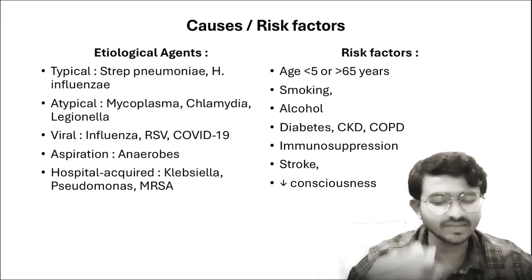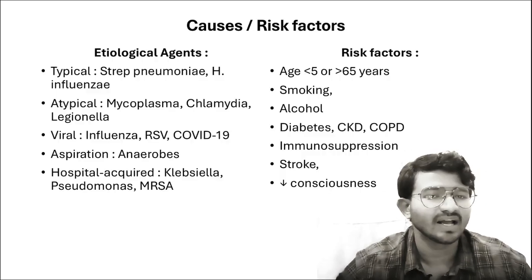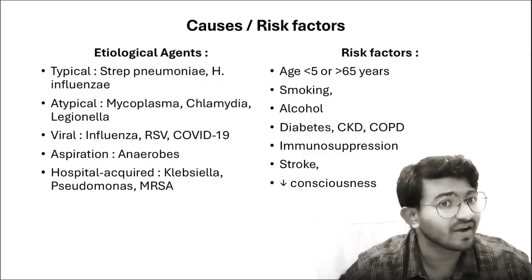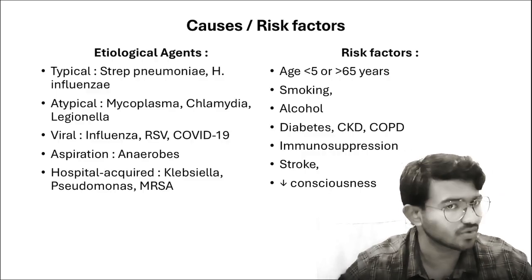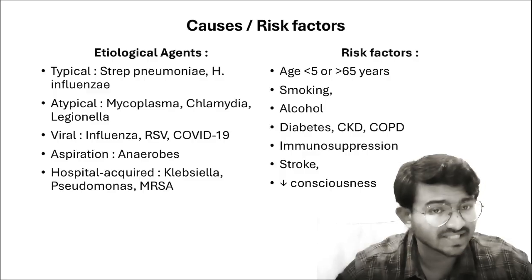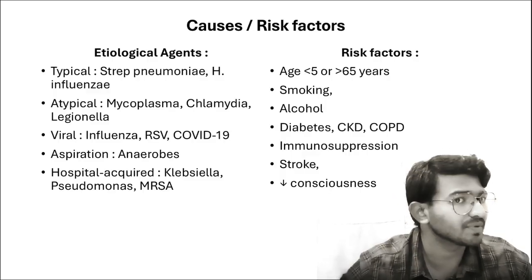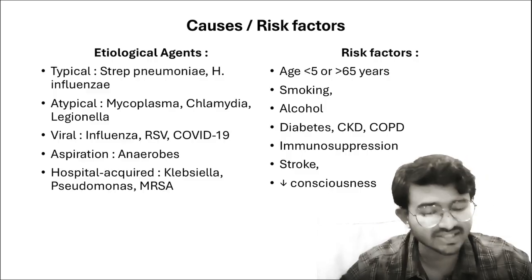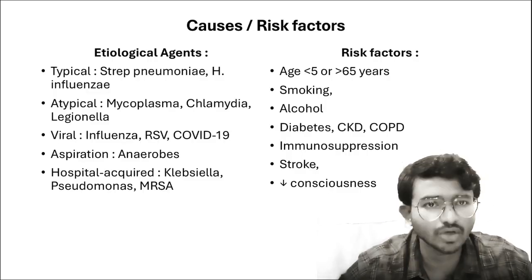In atypical, we can see interstitial pneumonia from mycoplasma, chlamydia, and legionella. In viral, we can see influenza, RSV, COVID-19. In aspiration, we can see anaerobes, and the most common is aspiration pneumonia in alcoholics. In hospital-acquired settings, we can see Klebsiella, Pseudomonas, MRSA.